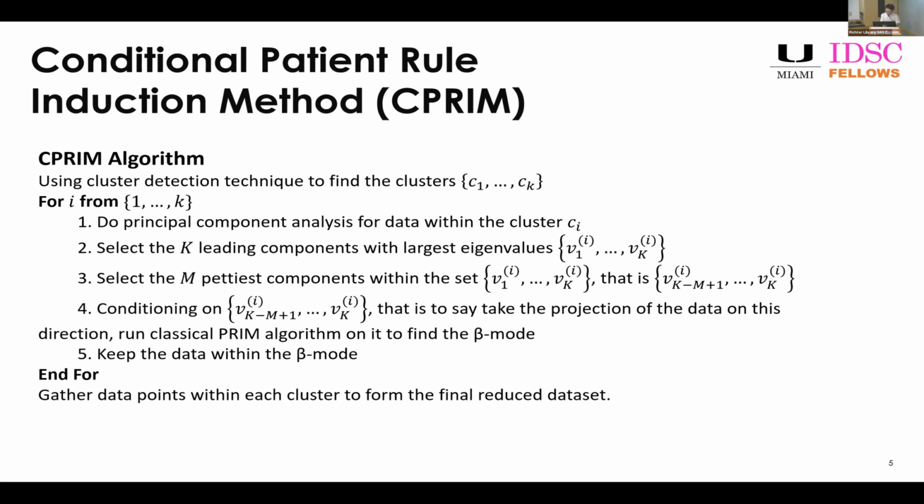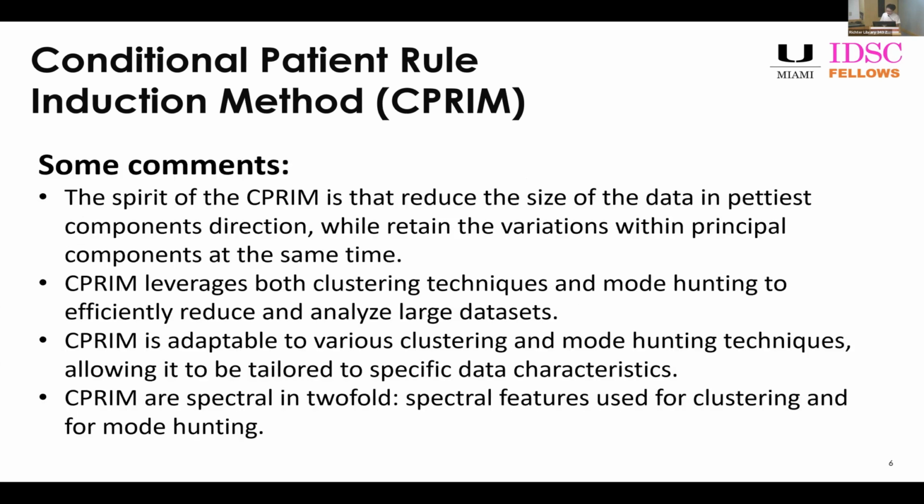We project the data onto this direction and run the classical PRIM algorithm on it to find the beta mode. Beta mode is the mode with probability beta. Then we keep the data within the beta mode as the data points we selected, and gather all these data points from all of the clusters. We get our final reduced data set. Maybe a little abstract, but we will see it in examples soon.